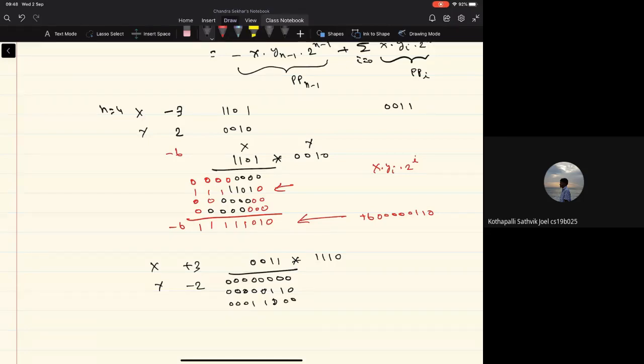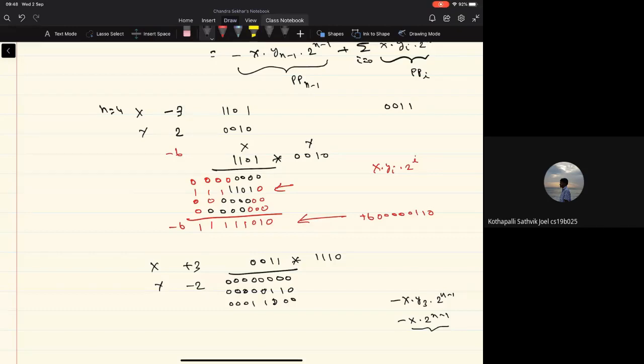What is the final partial product now? It should be minus x y3 to the power n minus 1. What is y3 here? It is 1. So it should be minus of x to the power n minus 1. What is x here? 0, 0, 1, 1. So 0, 0, 1, 1 shifted by 3 bits is what we'll have as this x to the power n minus 1.